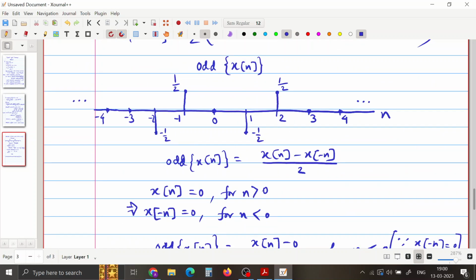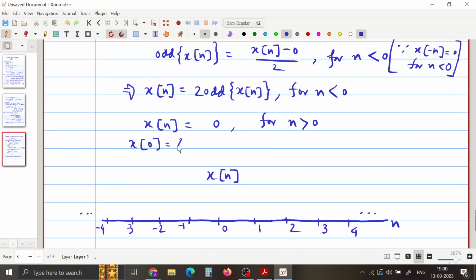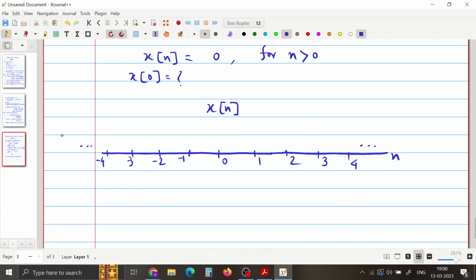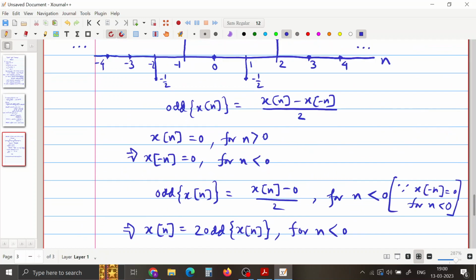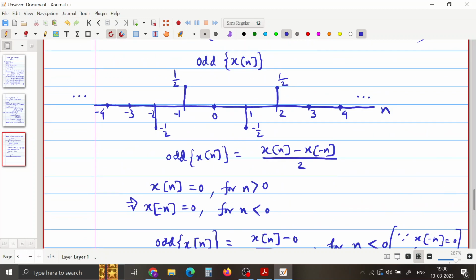So at n equals minus 1 we had half previously. So 2 times half is simply 1. So at minus 1 this height is 1. And at n equals minus 2 we had minus half.